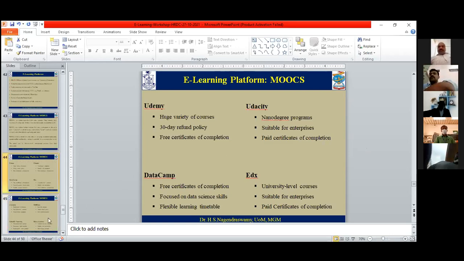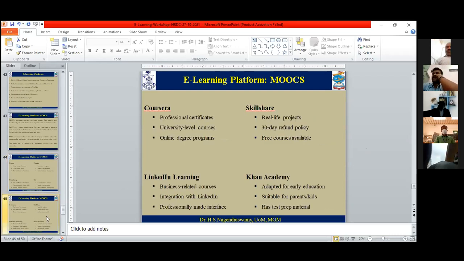And Coursera, professional certificates, university-level courses, online degree programs. And Skillshare, real-time projects, 30-day refund policy, free courses available. LinkedIn Learning, business-related courses, integration with LinkedIn, professionally made interface.